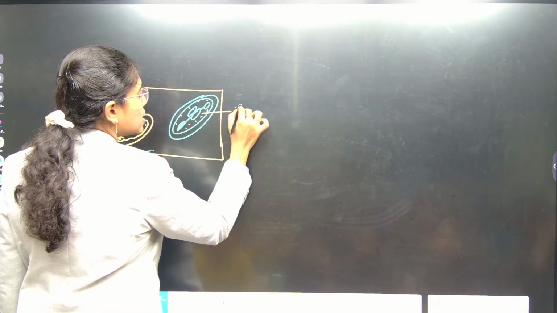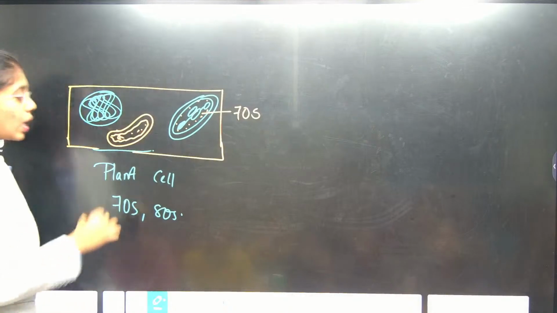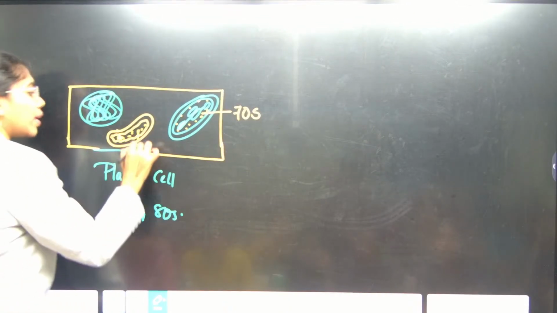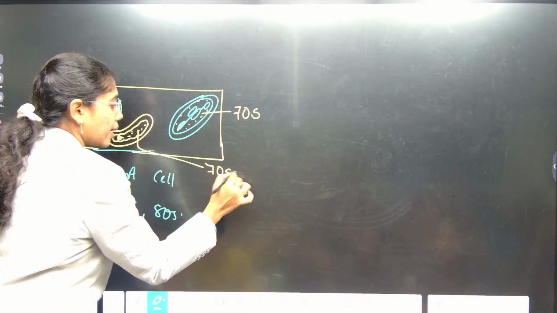Inside the matrix of mitochondria, what do you have? 70S ribosomes.